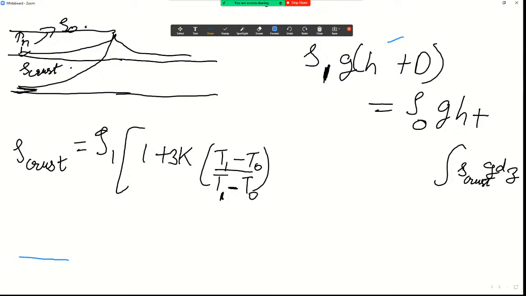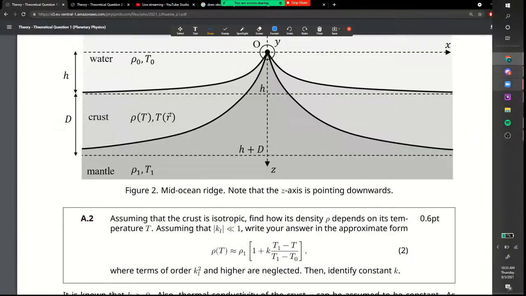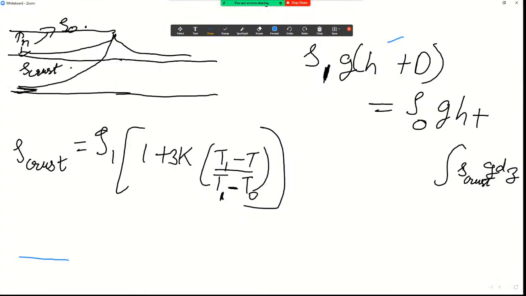Here T1 minus, where is T? Here is, I guess, T. And can you write the expression you found for temperature as a function of Z?